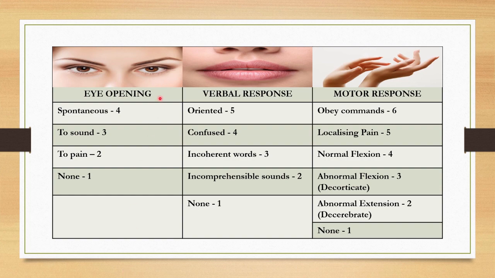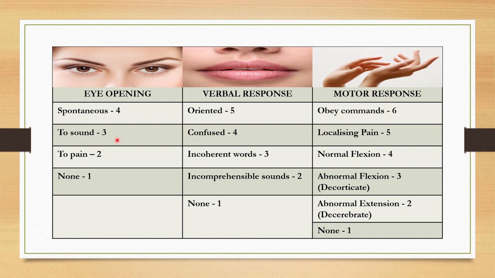First one is eye opening. Here, the maximum score is 4 and the minimum score is 1. While assessing, if the patient is opening the eyes spontaneously, you can give a score of 4. If the patient is opening the eyes only to sound, you can give a score of 3.